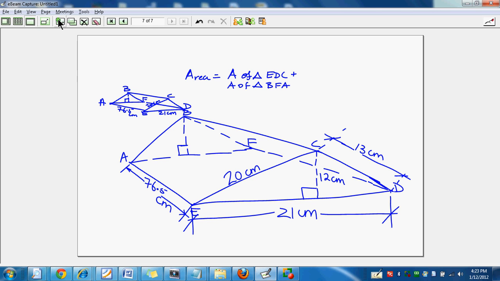Then the next thing we'll do, we'll add the area of the rectangle ABCE. Right, ABCE. What is that rectangle ABCE? ABCE is the left sloping side of that wedge, right?